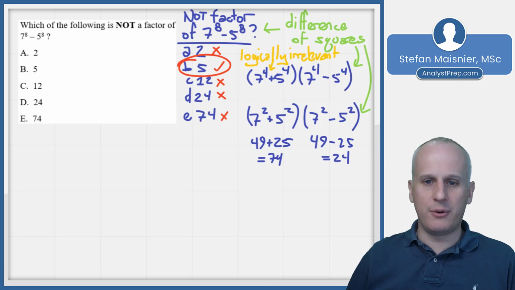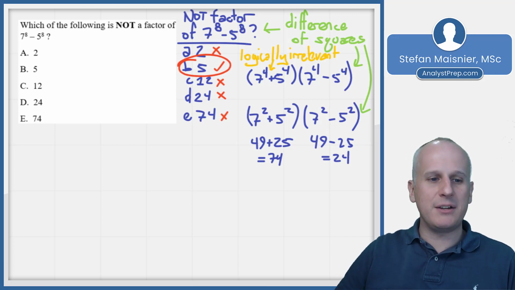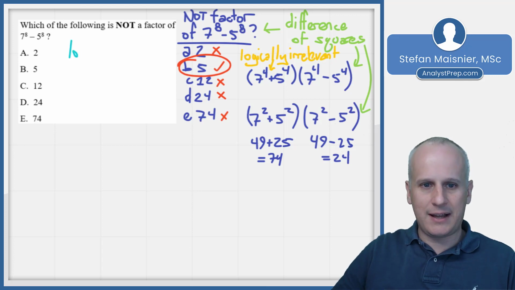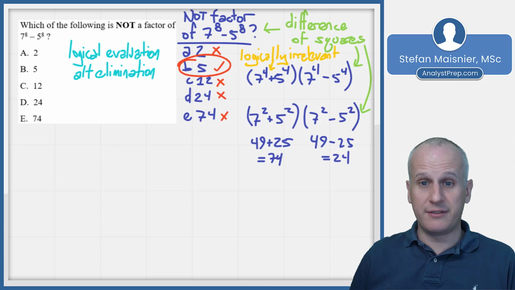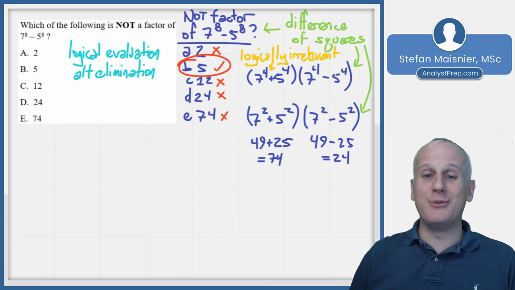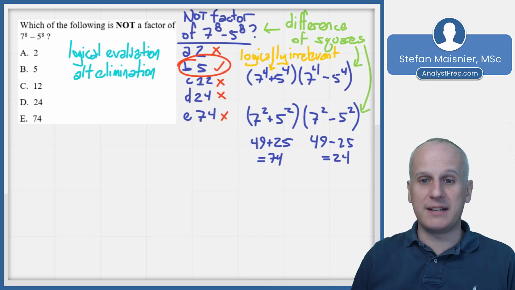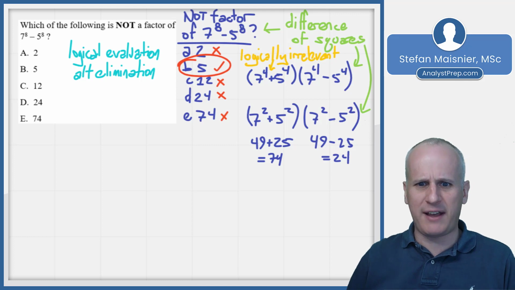Now, another thing to note about this problem is because we're looking for what is not a factor, I'm going to put this as our logical evaluation, alternative elimination. If you're stuck and you don't see how to do the difference of squares, make sure that you eliminate the answer choices that are absolutely impossible, because if it was not a factor, there'd be 2 other things that had to be factors.